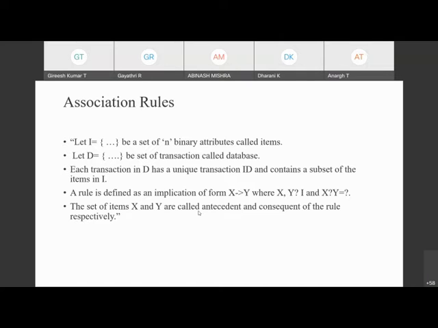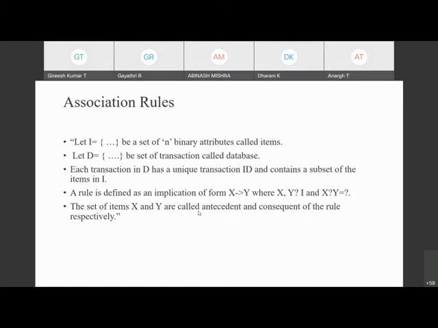In market analysis, these items are some products. In real-time systems, these items may be features or attributes. And D is a set of transactions called a database. So here we may have some transactions, that is what is called D.